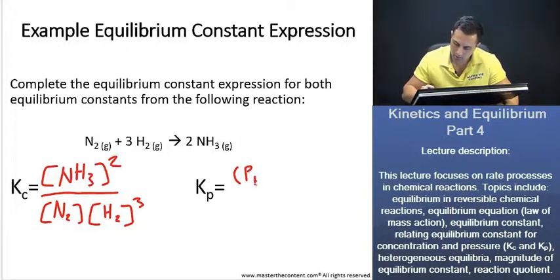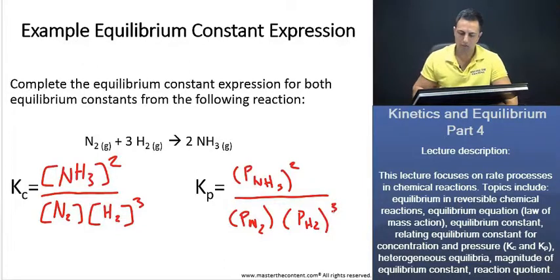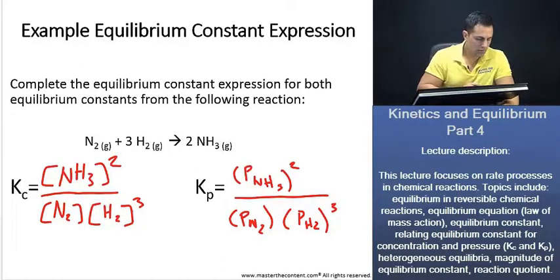And then we have our ammonia, right? And it's raised to the second power. And our pressure here for, we also have nitrogen. And we also have hydrogen gas. And that's going to be raised to the, you got it, third power. Okay, great. That's all there is to that one.